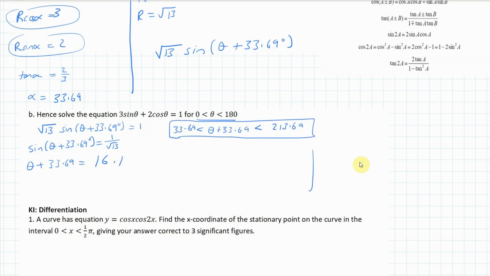And then I just draw my sketch of sine. I've got a 16.1 here, so obviously there's going to be one here at, what's that? 16.1, and that'll be 180 minus 16.1, so 163.9.